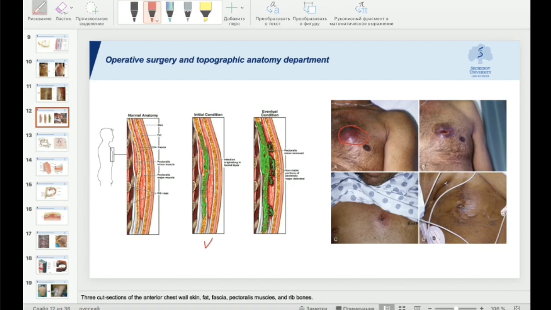Are you here? Yes. So where did we have the inflammation, in which layer?